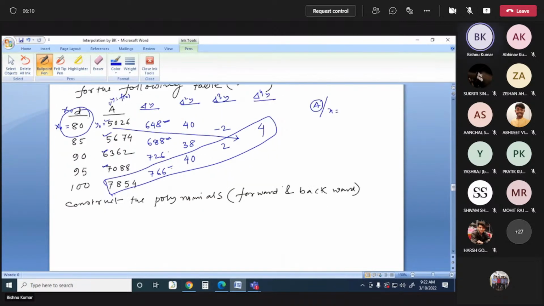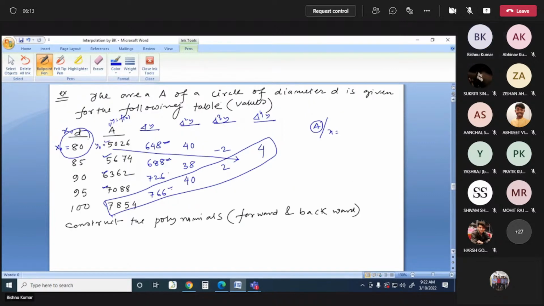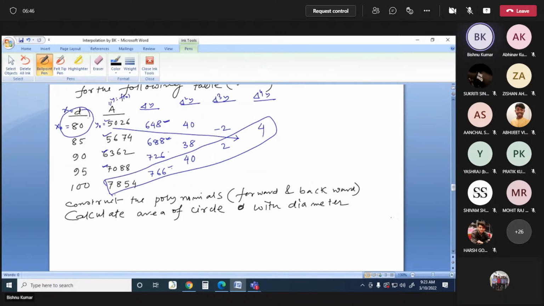Okay. So now, if I ask you logically, suppose: calculate the area of a circle with diameter, suppose, 105.